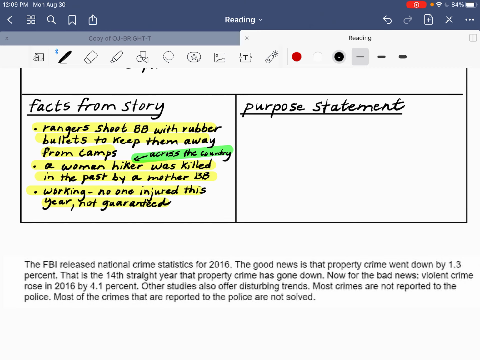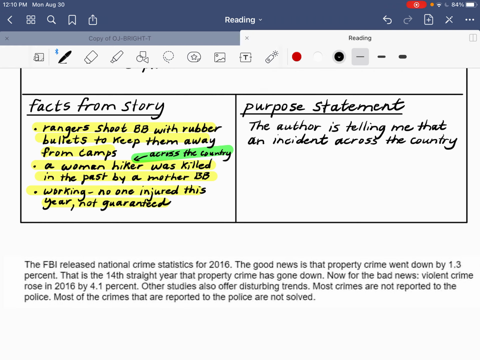So here's what the purpose is. The author is telling me that an incident across the country could occur in Yosemite.